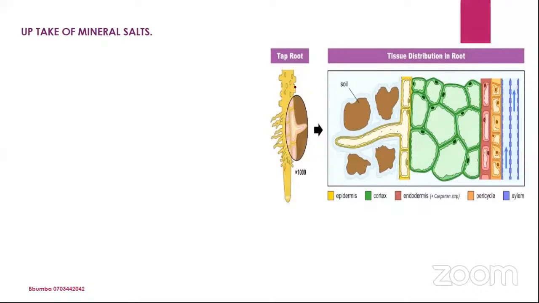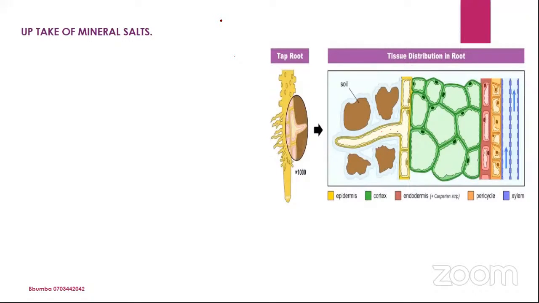And I think you can see this is a taproot, and in a taproot it could have those root hairs, the root hair cells, and then mineral salts are being taken up. But of course, when you're describing, apart from understanding those two concepts of diffusion as well as active transport, you should always remember the pathway taken by these mineral salts until they reach up the plant. Never forget that kind of pathway.